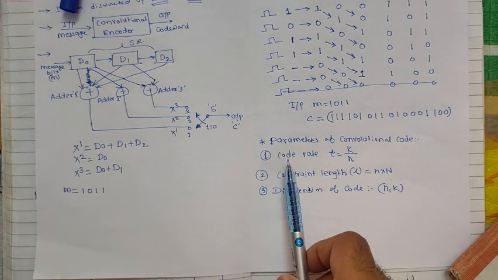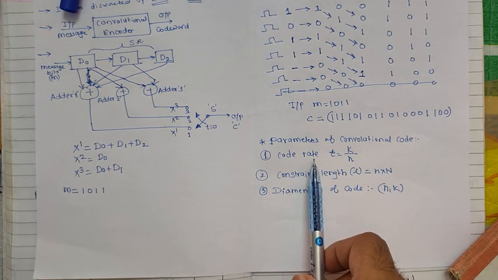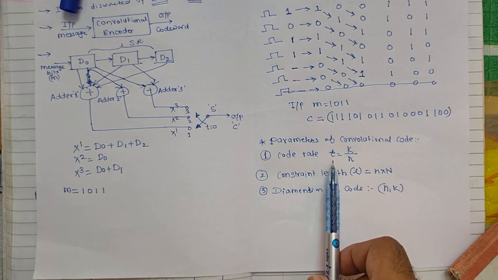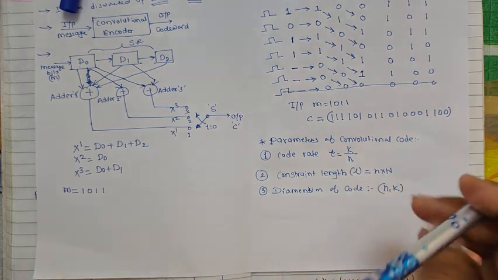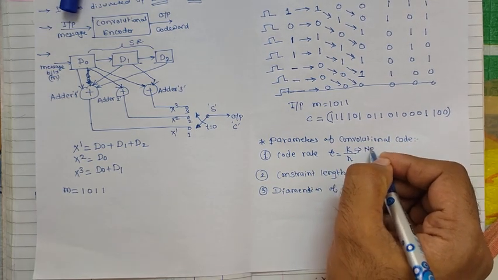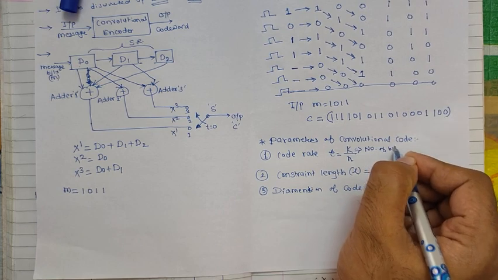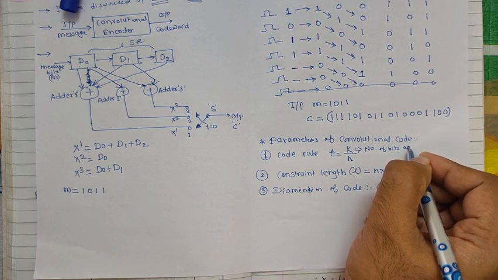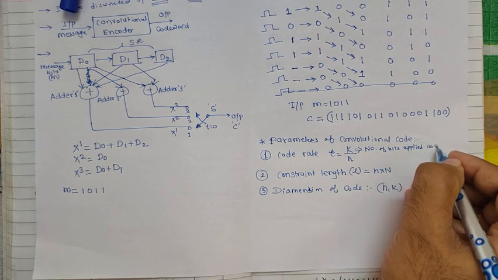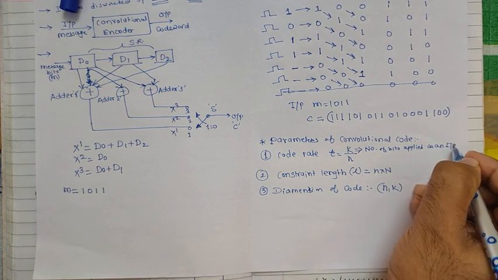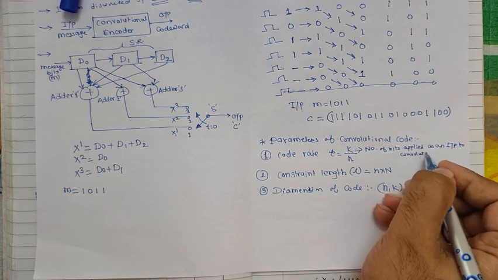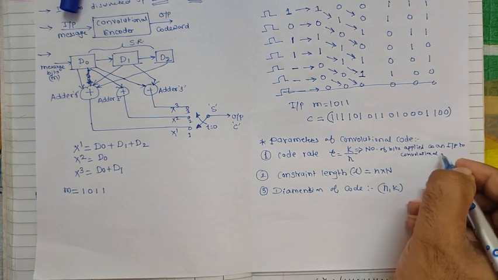The first parameter is code rate. Now how can we define the code rate? It is basically a ratio of k by n. Now what is this k? K means number of bits applied as an input to the convolutional encoder.